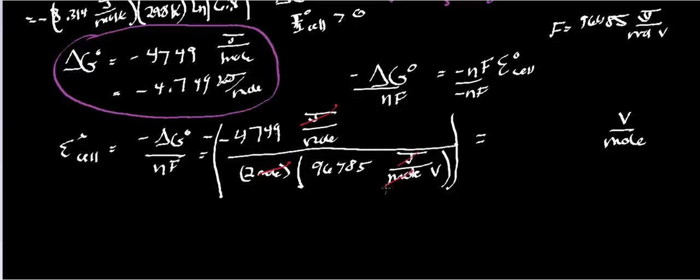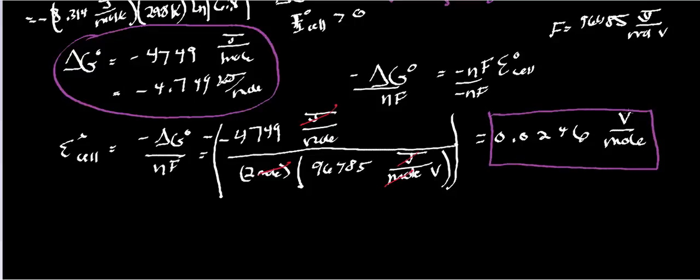So when I multiply all this out, I'm going to get approximately 0.0246 volts per mole. And that is certainly greater than 0, and that's what we expect for a delta G that's spontaneous. You should have a cell potential, E cell, that is greater than 0. And that indicates a spontaneous reaction as written.